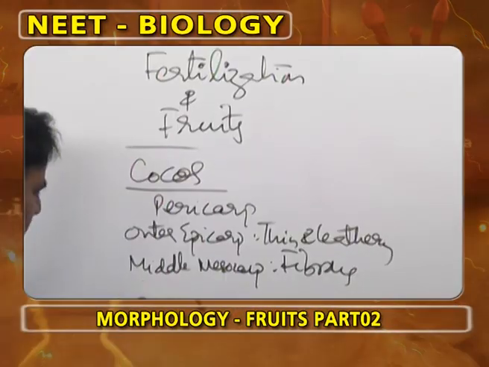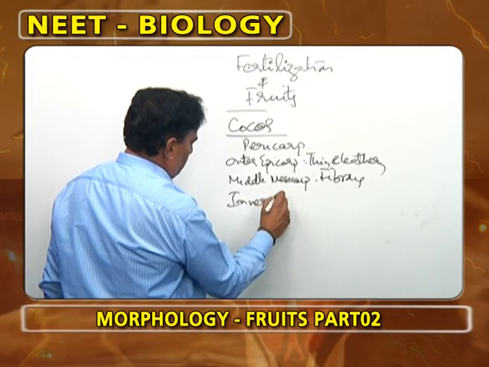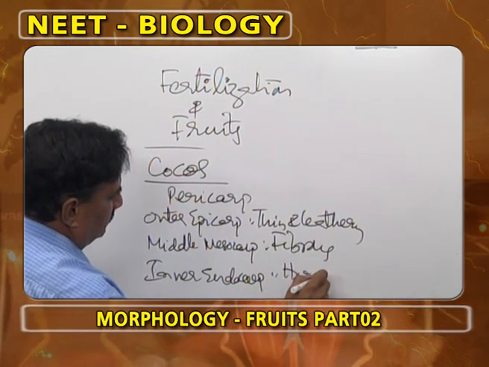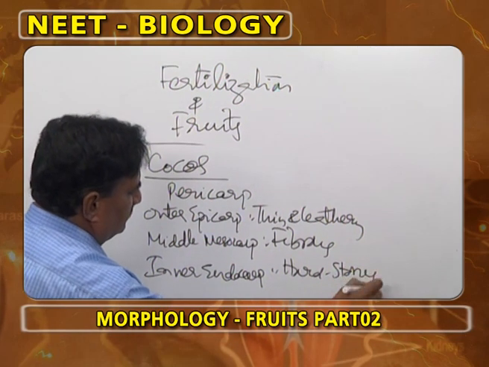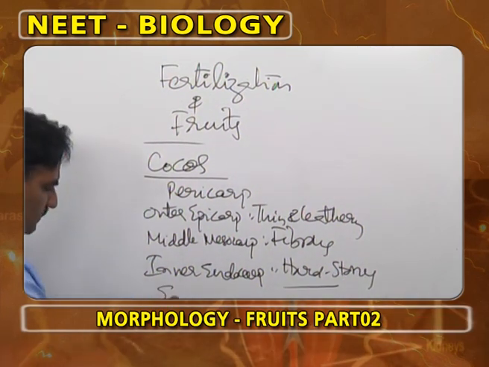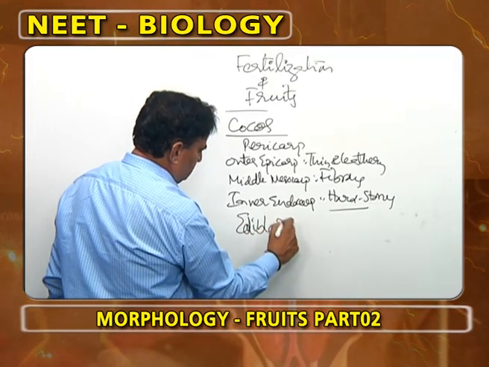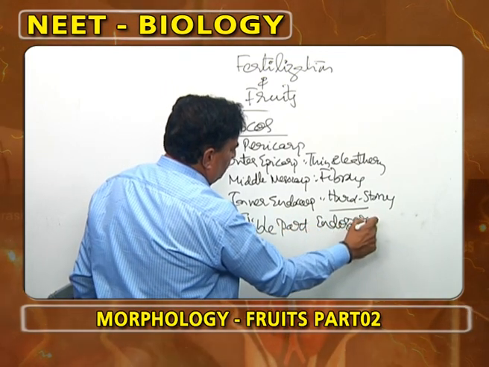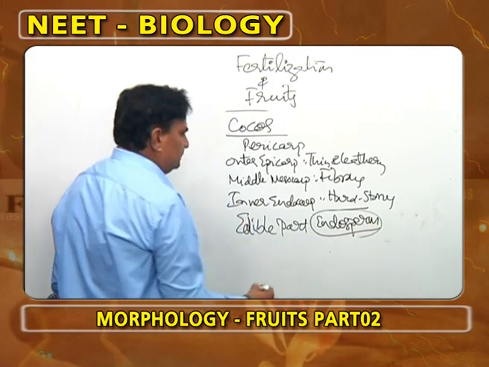The inner endocarp is hard and stony. That's why coconut is also called a stony fruit. The edible part in coconut is the endosperm. What we eat and what we drink in coconut is endosperm.